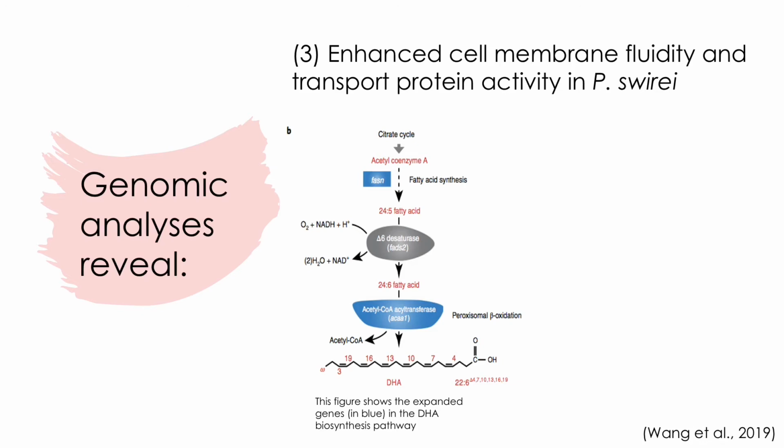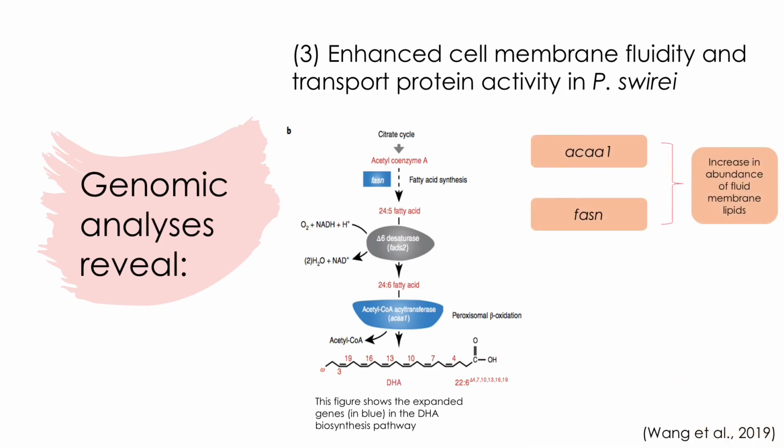Phospholipids are major constituents of cellular membranes, and their fatty acid composition is regulated to maintain membrane order and fluidity. Other biochemical studies have also suggested that the membranes of deep-sea adapted organisms contain a higher weight percentage of unsaturated fatty acids than any other organisms living in shallow parts of the sea. The researchers found 15 copies of a gene called ACAA1 in the snailfish genome, while other fully sequenced teleosts only have 5 copies.